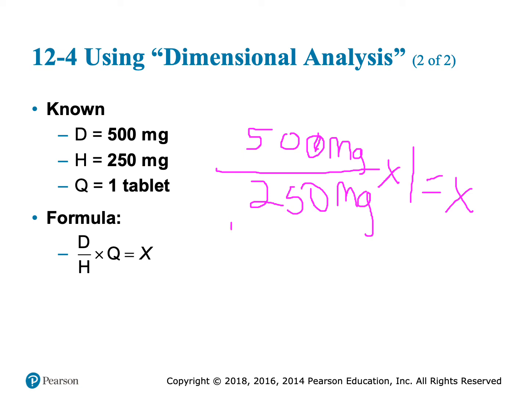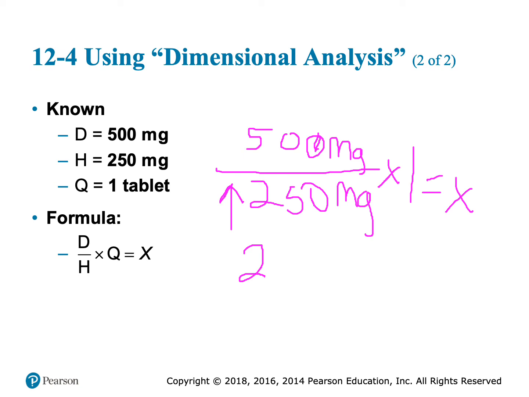Okay, so the first step here is, well, first let's just take a step back and make sure our units are the same, and they are. So we're going to divide 250 into 500, and that is going to give us what? That gives us 2, right? Alrighty.